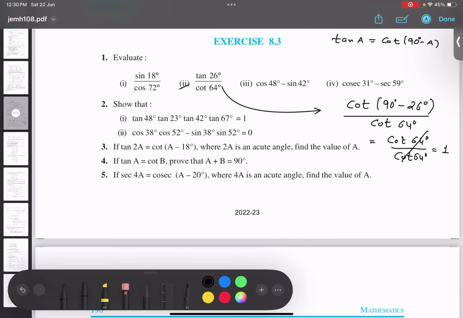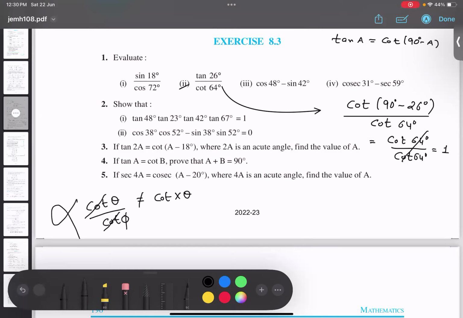Any doubt? We can't cut cot by cot like that. That is absolutely incorrect. Last class also I was discussing that cot theta is not cot multiplied by theta. So please do not cut like this.